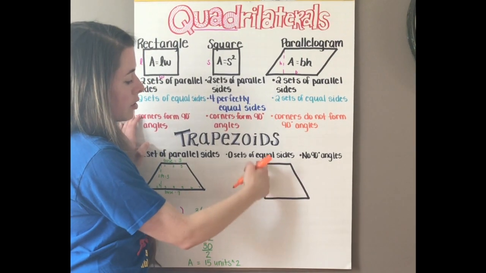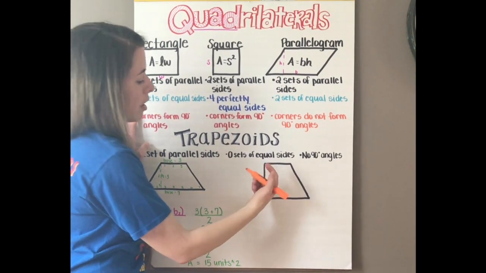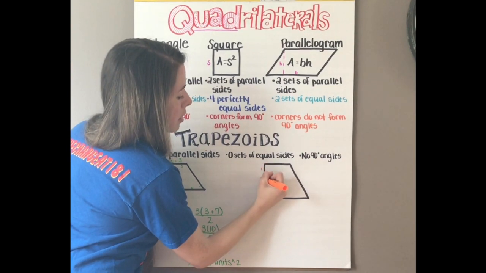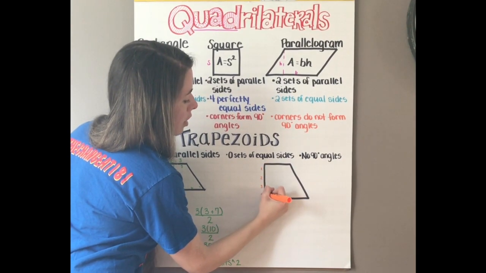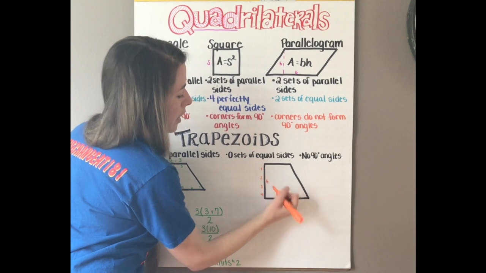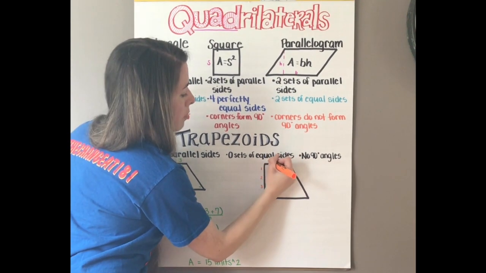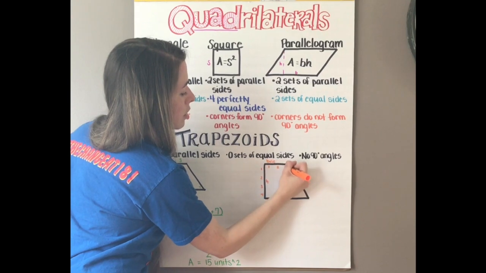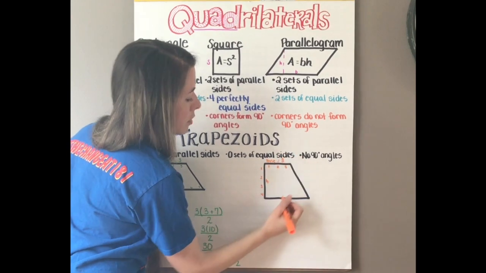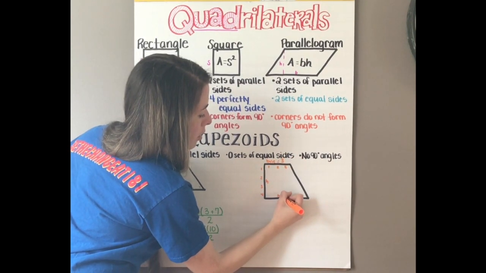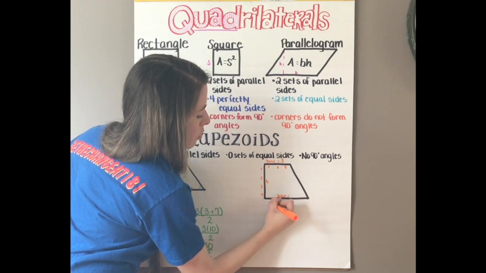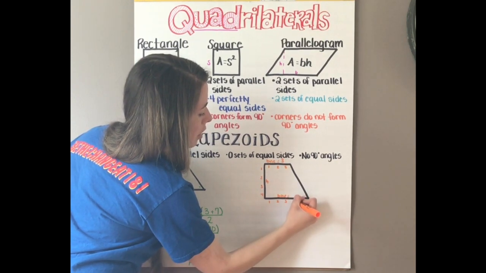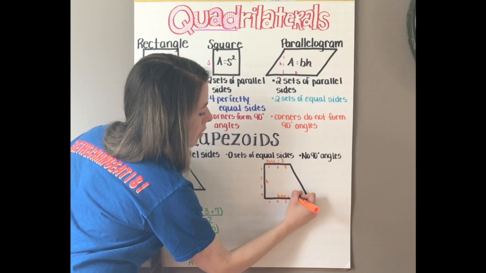Because it's straight up and down, this can work as our height. So it's 1, 2, 3, 4 units high. Here's one of the bases, and it's 1, 2, 3. So this base is equal to 3. And here's another base, which is 1, 2, 3, 4, 5.